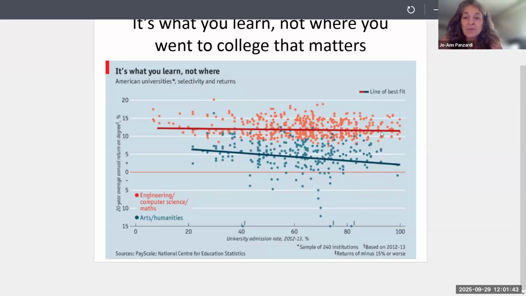That it doesn't really matter where you get your engineering degree. Because whether you go to a selective school, like Berkeley might be over here, maybe Chico State's over here, it doesn't really matter. You're going to have a great job, a great salary, and a great quality of life. And why does the school not matter?